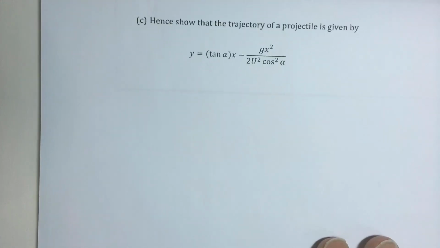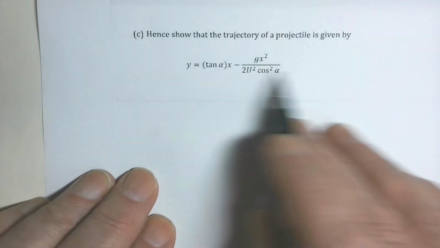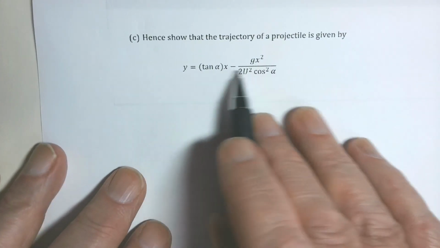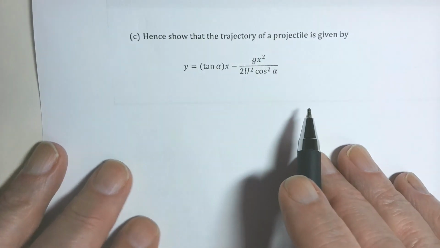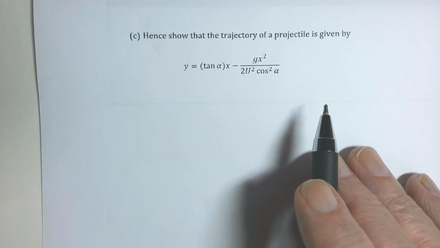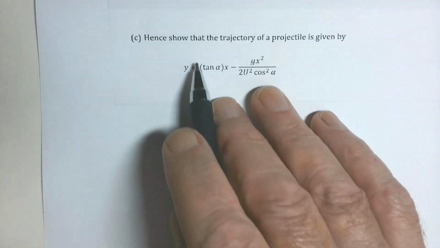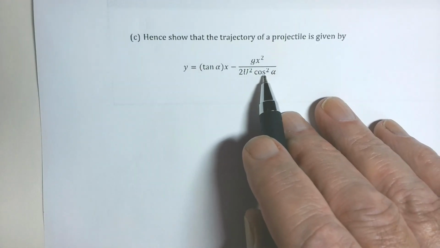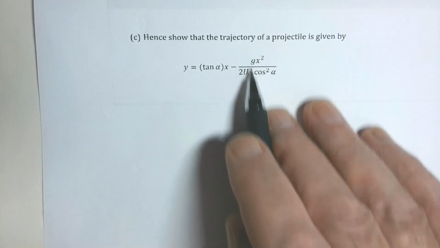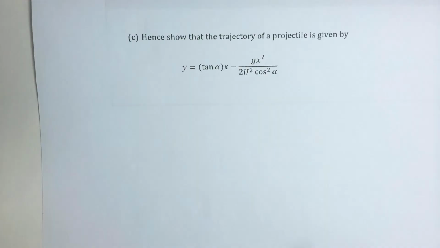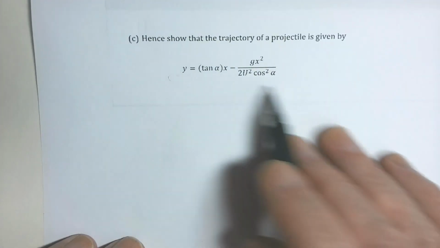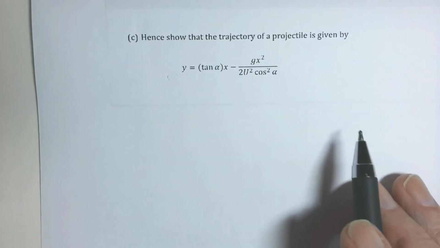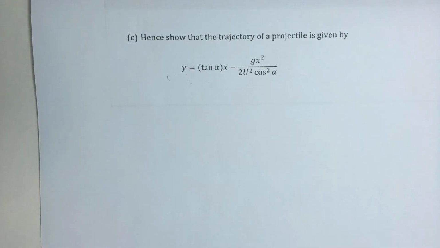So that's the end of that part, but it's worth noting that this formula is going to be very useful, because you can find all sorts of information by plugging in the initial velocity, the acceleration due to gravity and alpha into this equation, and it predicts the y values for various situations. So it's quite a useful formula. Okay, leave it at that.